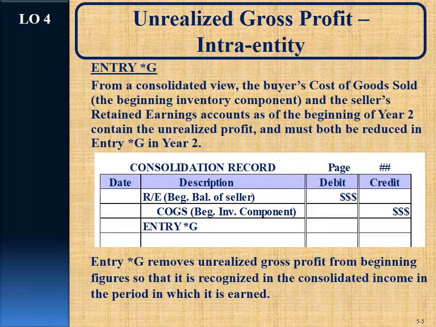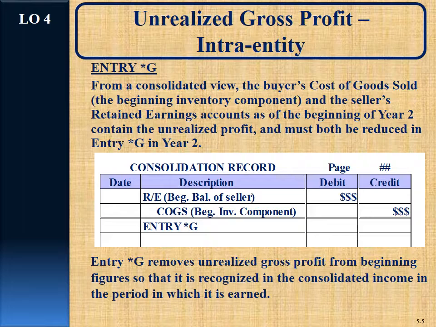So when some of the inventory is still there, only a portion of the gross profit needs to be eliminated, and that's what you see at the top of page 203. Okay, so in the year of the sale, that's what we have to look at. What inventory remains?